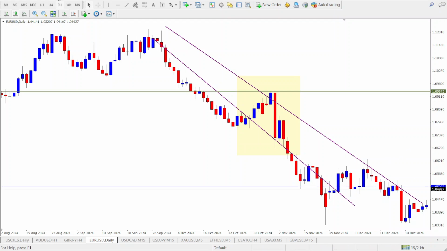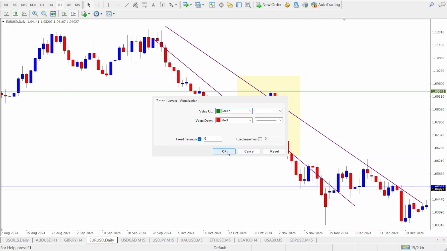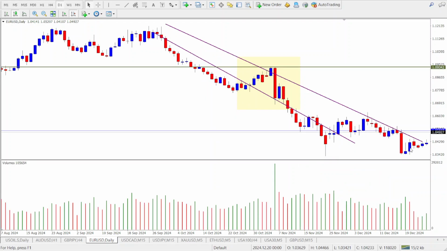Now you can also look for unusual volume. So I'm just going to be adding the volume indicator to the chart. Look for unusual volumes. Volume is another critical factor. While not always available on every chart, you want to look for candles that have higher volume.